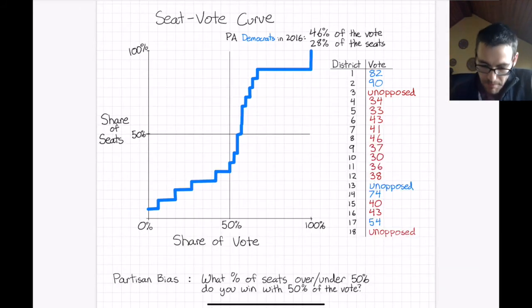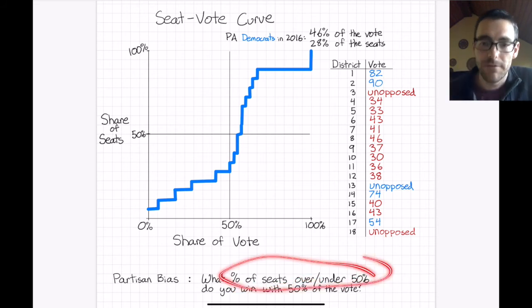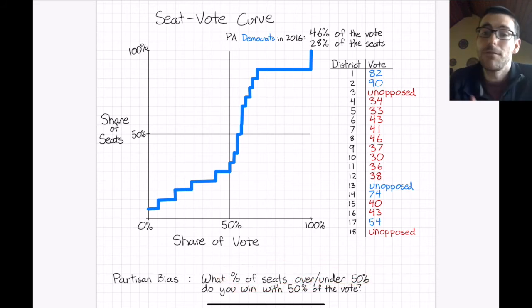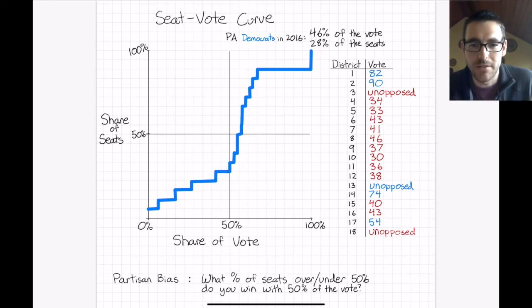So the partisan bias is the percentage of the seats under or over 50% that you get if you win 50% of the vote. Remember, all of this is hypothetical except for our one real data point. But it's a reasonable thought exercise to go through to say, all right, what if this happened?